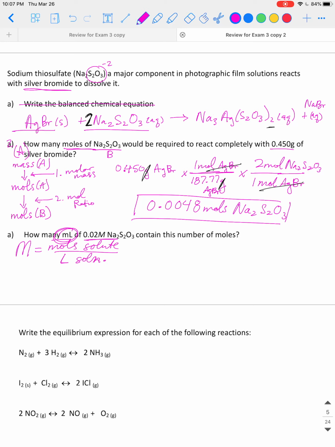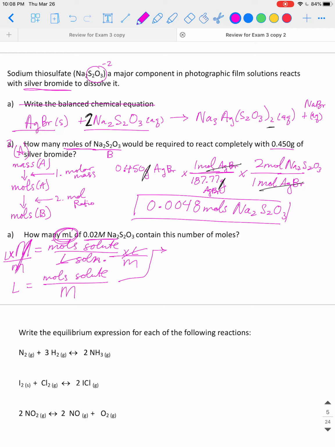When you rearrange your equation, this is just going to be algebra. I'm going to multiply both sides by liters, and liters cancel out over here. And then I'm going to divide both sides by molarity. Molarity cancels out over here. So you should have liters equals moles of solute divided by the molarity. Okay, so now we'll just plug this in.